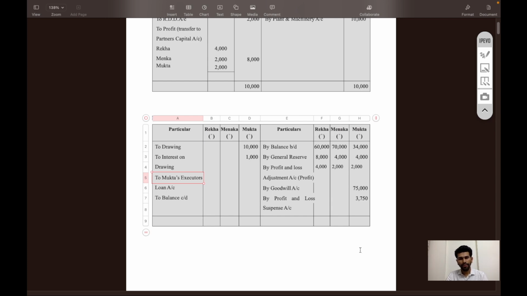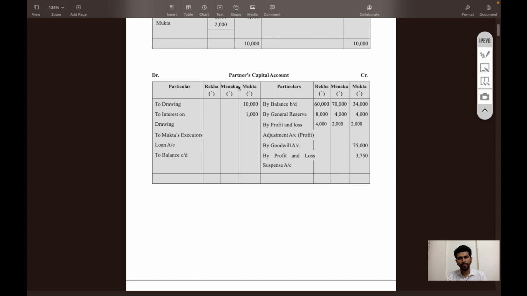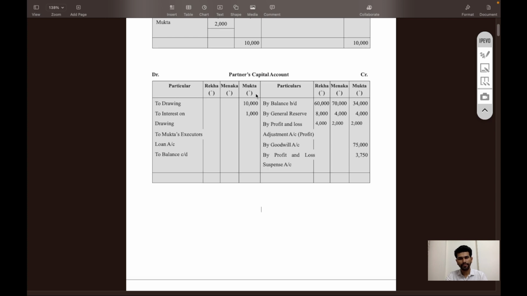Now we will calculate the total of partners capital account. Credit side of Rekha and Menaka is higher by 72,000 rupees. So 72,000 rupees Rekha, and Mukta amount is 76,000 rupees.